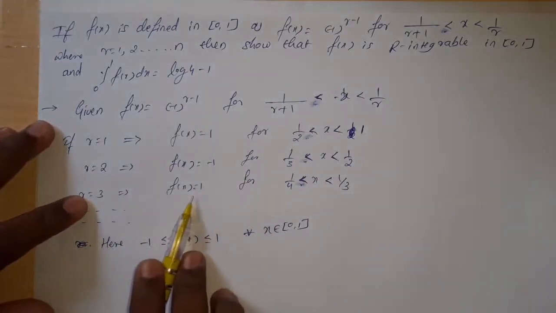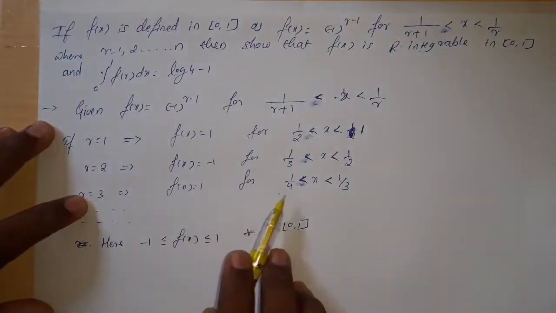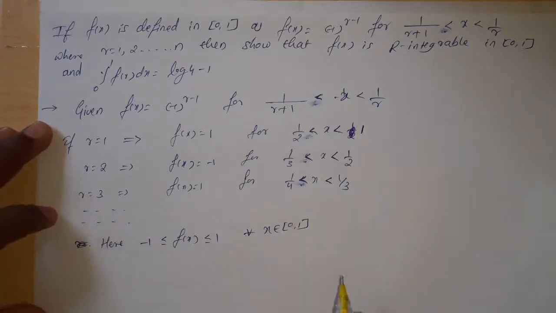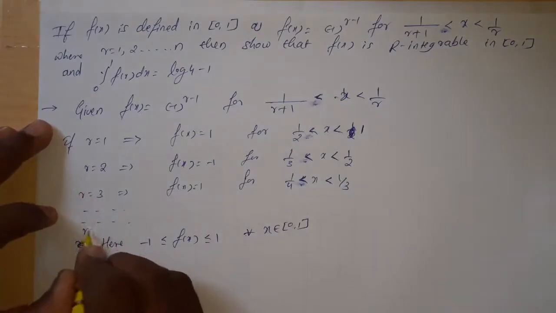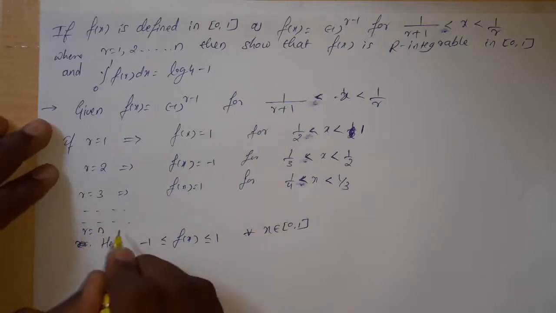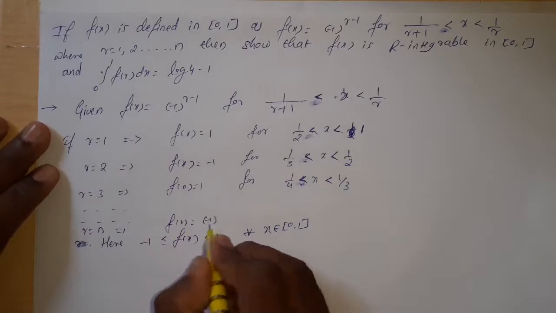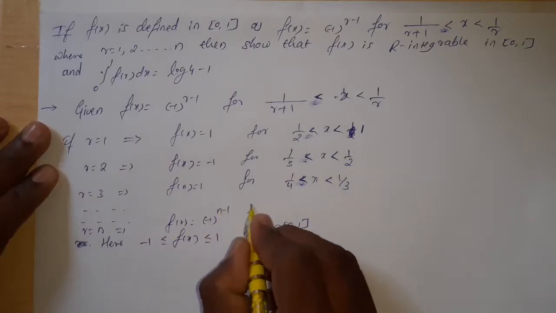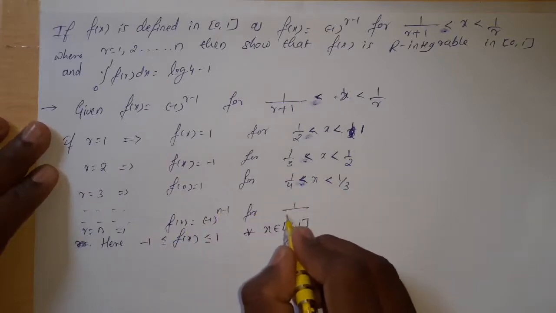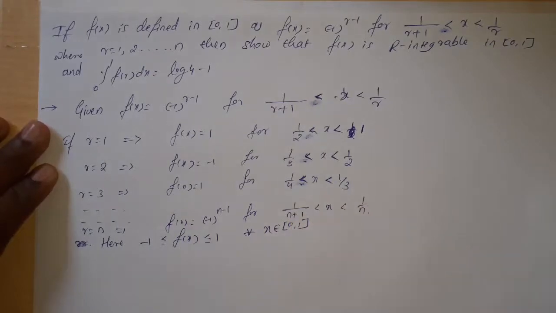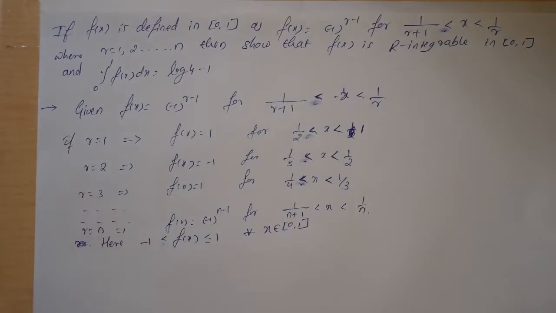So therefore f of x becomes positive 1 for 1 by 4 less than x less than 1 by 3, and so on. Here we can write for r equal to n, it becomes f of x equal to (minus 1) whole power n minus 1 for 1 divided by n plus 1 less than x less than 1 by n. So according to the definition of the function f of x.